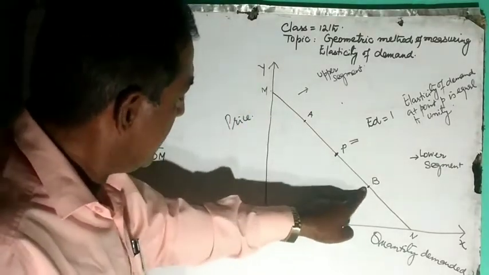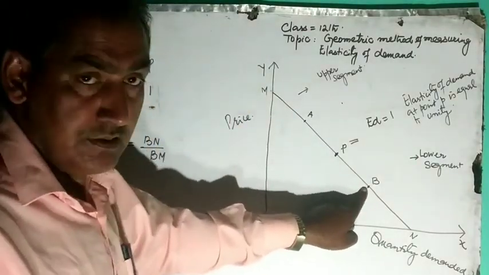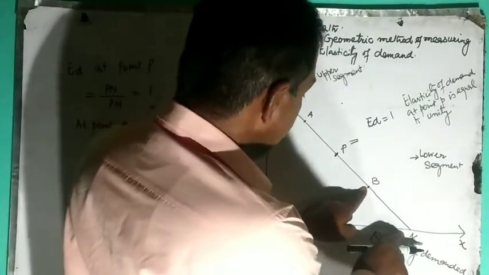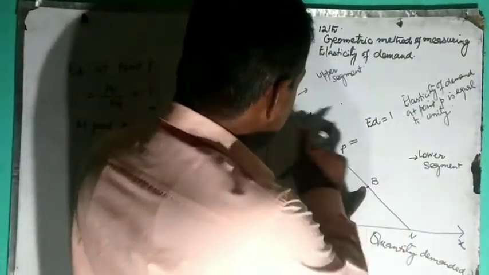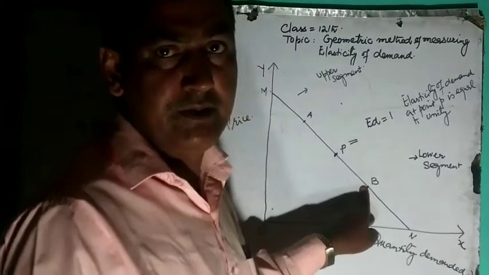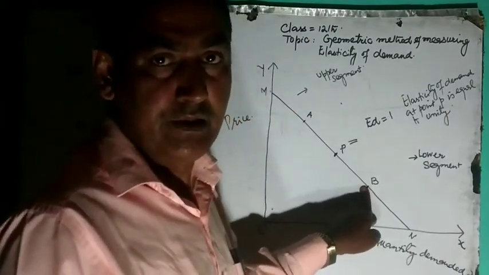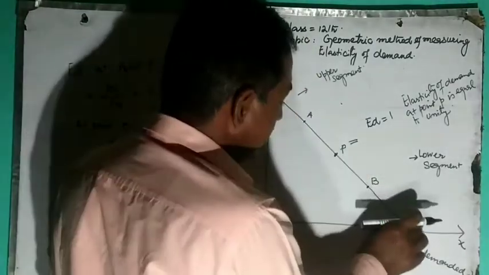This Bn is the fourth part of the demand curve. We have divided Mn in 4 equal parts.